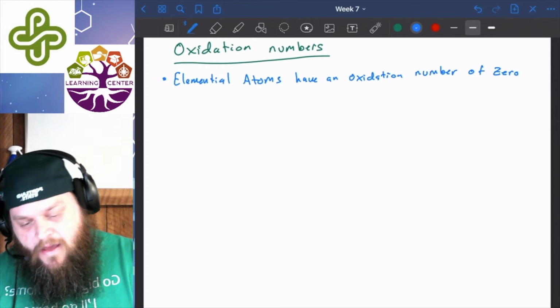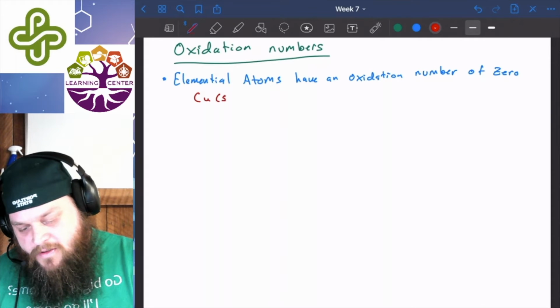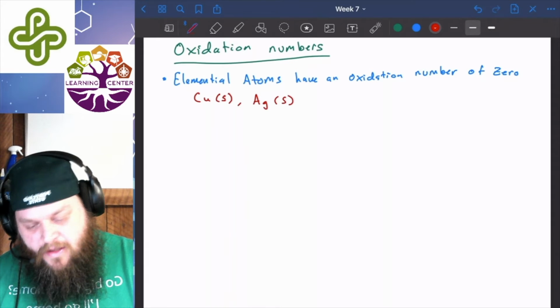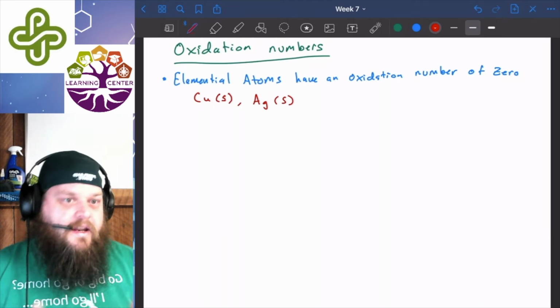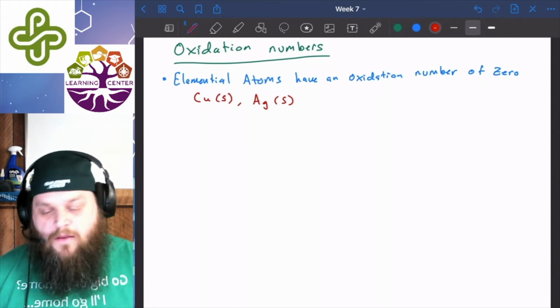These elemental atoms are things like solid copper, Cu, or solid gold. Anything that's in its pure state, not ionized in any way, has an oxidation number of 0.